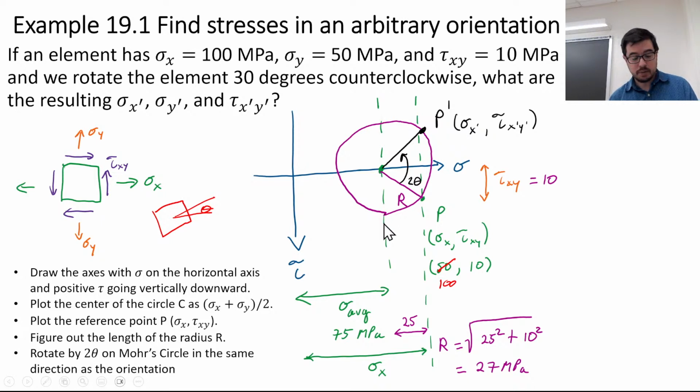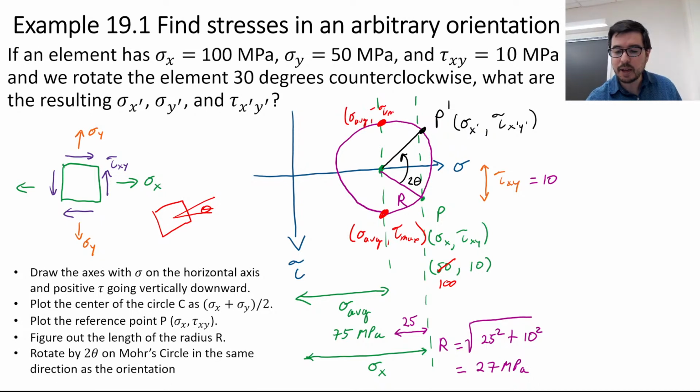If I'm here or there, I now have my sigma average, comma, tau max, right there. Here, it's also sigma average, and this is minus tau max.